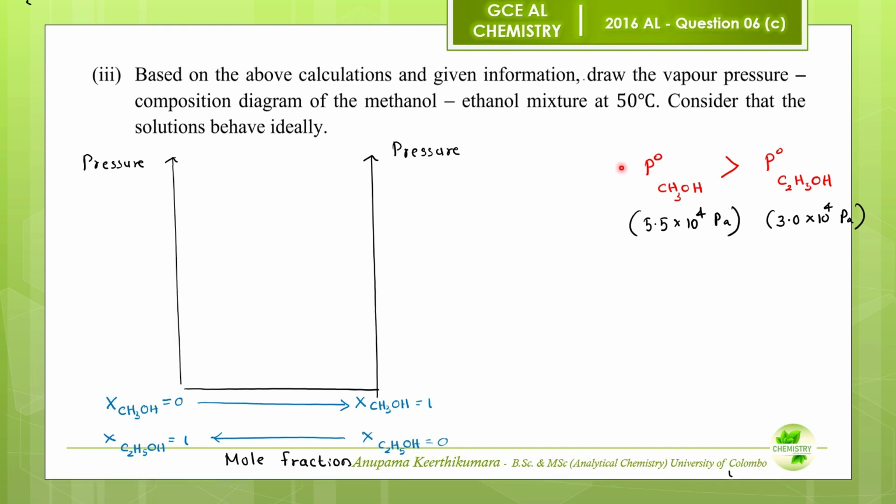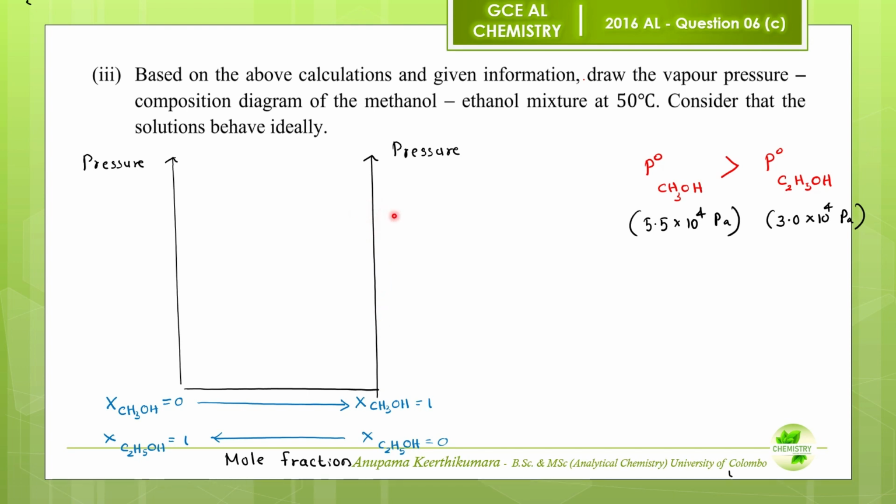First, we will mark the saturated vapor pressure of methanol. Move to the mole fraction, the x-axis. On the left-hand side, the mole fraction of methanol is 0. On the right-hand side, the mole fraction of methanol equals 1. That means here we have pure methanol. Therefore, we can see the saturated vapor pressure of methanol on this y-axis.